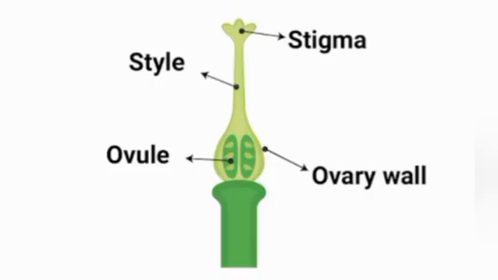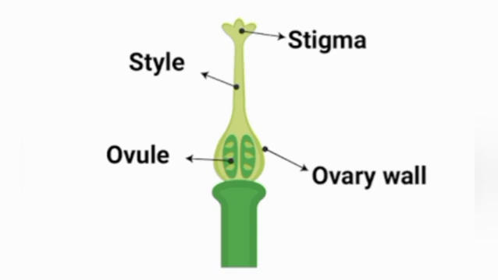In the inner part of the androecium, you can find the female reproductive part of the flower called gynoecium. You will find the part with the swollen bottom part. This is called the ovary. Seeds are produced in this part. On the top of the ovary, there is a slender tube-like structure called style.